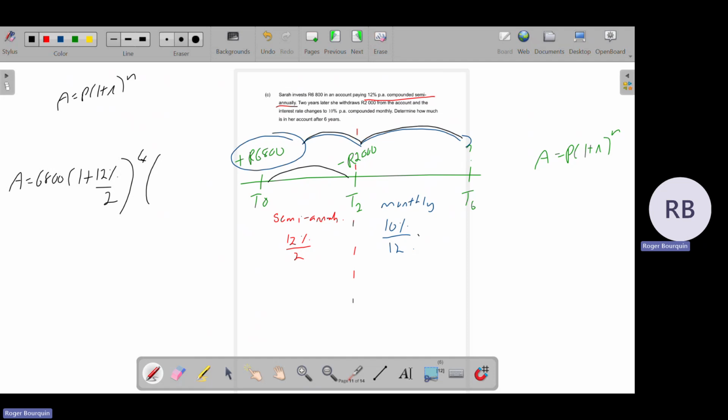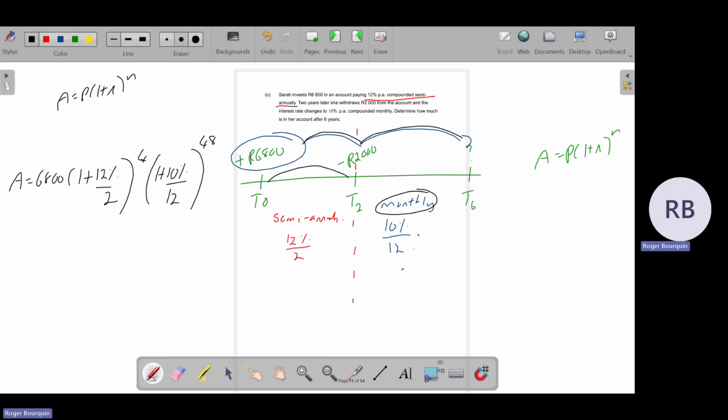It collects interest at a rate of 10% over 12. And how long is it in there? For 4 years, but everything here is in months, so it's going to be 4 times 12, which is 48. So that's what happens to the 6,800 Rand if you hadn't taken anything out.